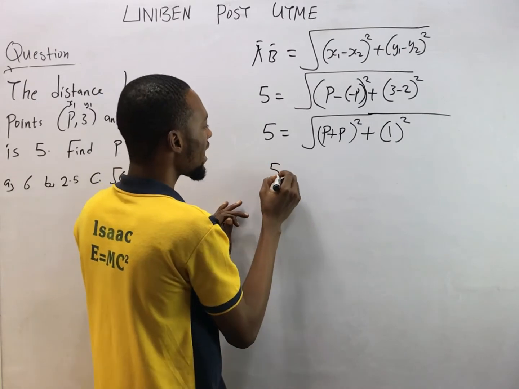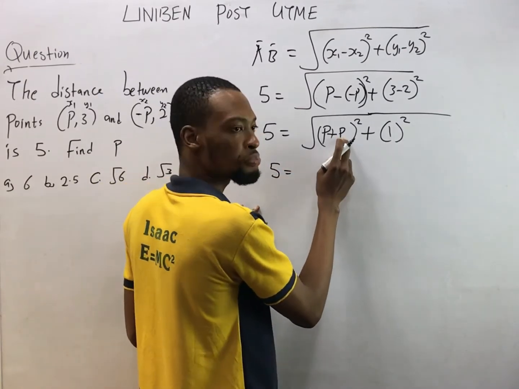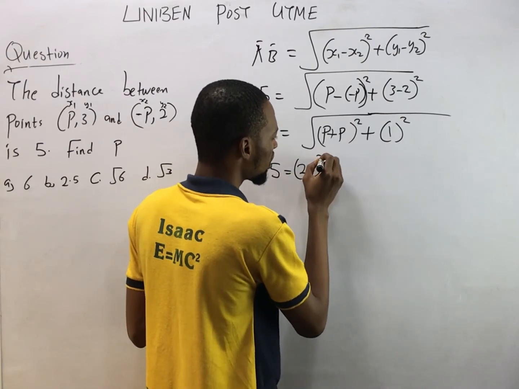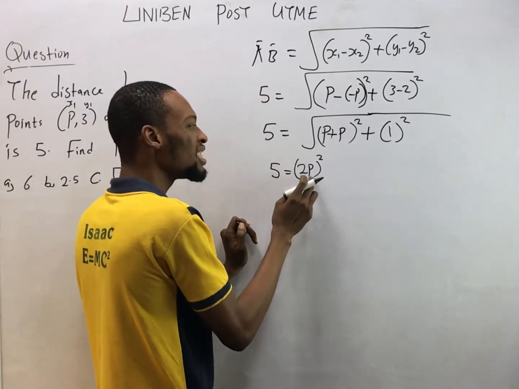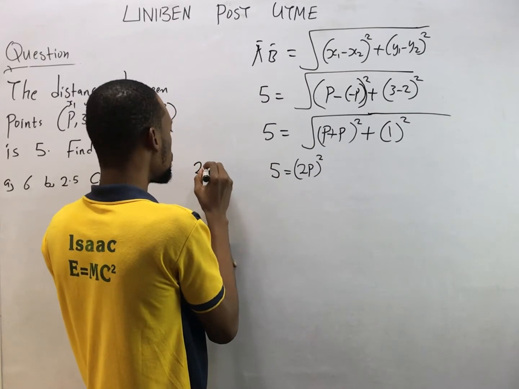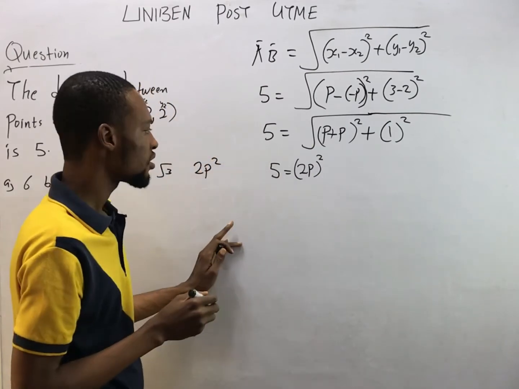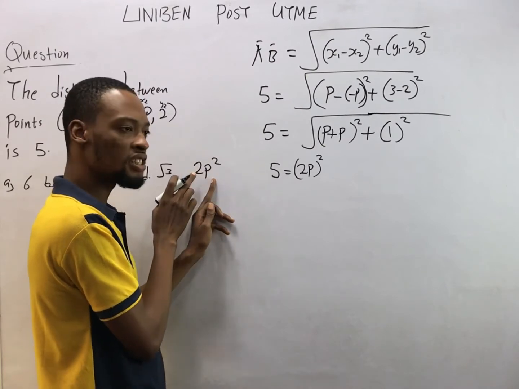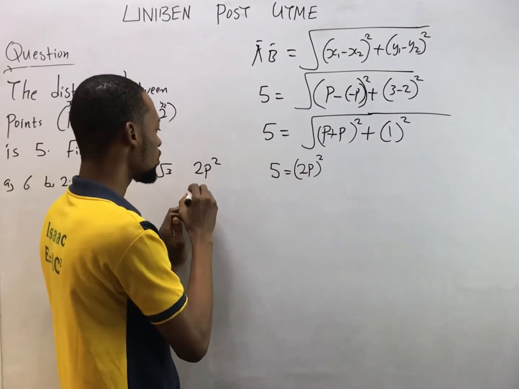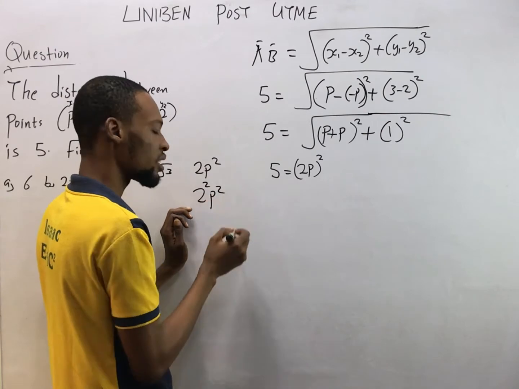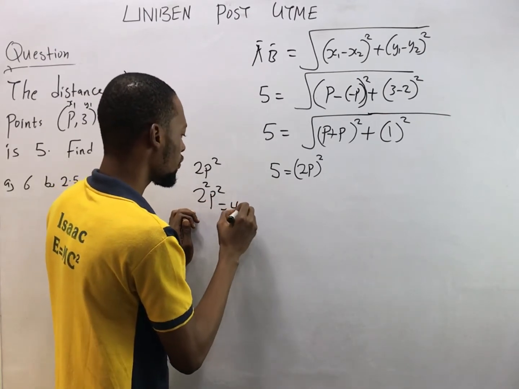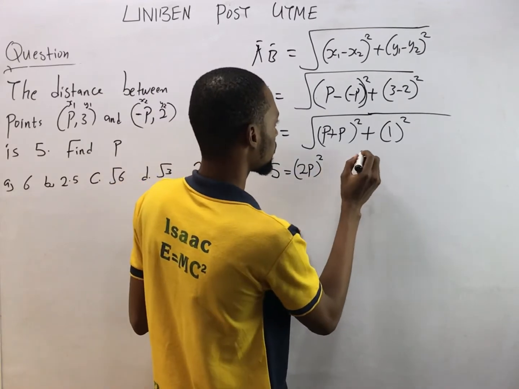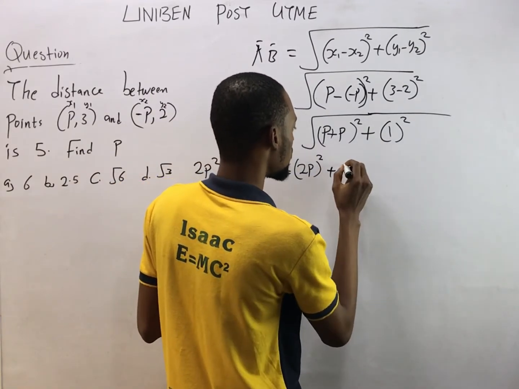This is the same thing as 5 is equal to P plus P is 2P. So 2P, everything squared, not 2P squared. This is different from this because in this one, the square is not affecting the 2. But in this one, it is 2 squared P squared, which will give you 4P squared. So you have this plus 1 squared.